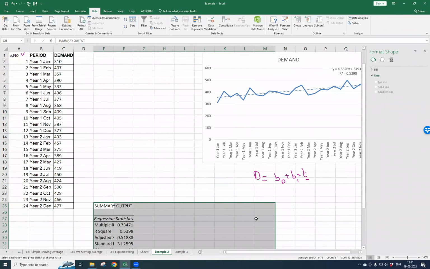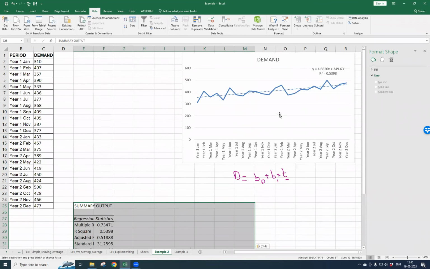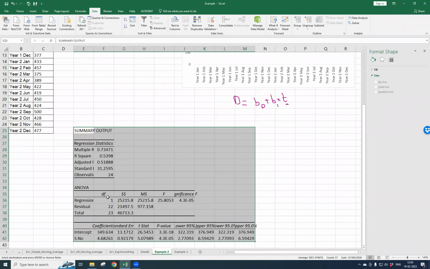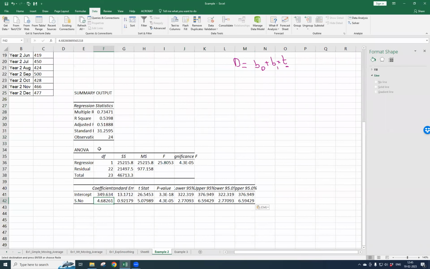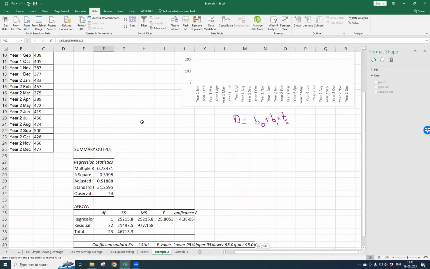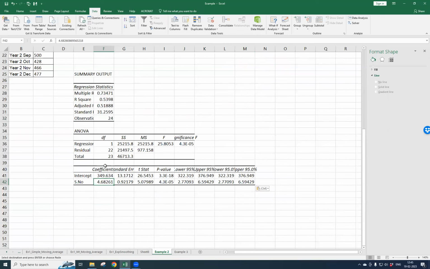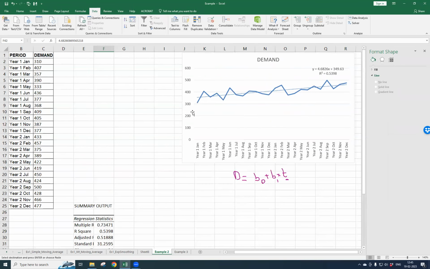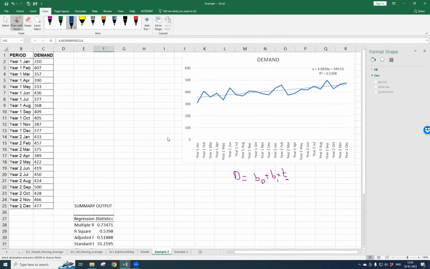Now, how do I identify whether something is an increasing trend or a decreasing trend? Look at the sign of this particular coefficient. If the coefficient of this serial number happens to be negative, that means your actual data is going down like this, right?